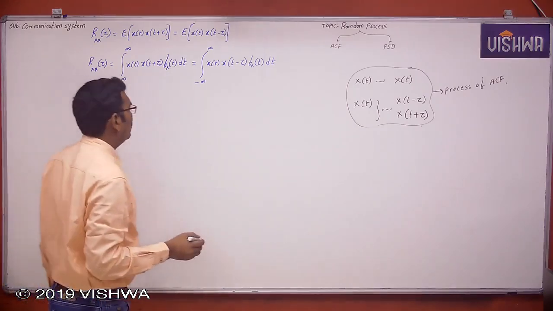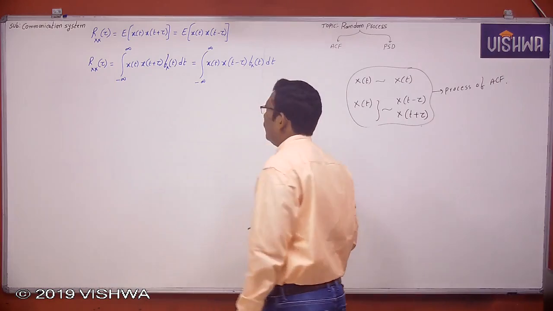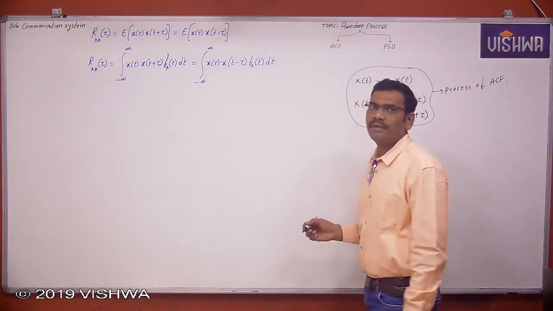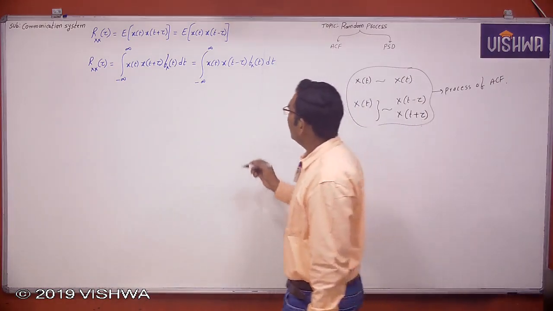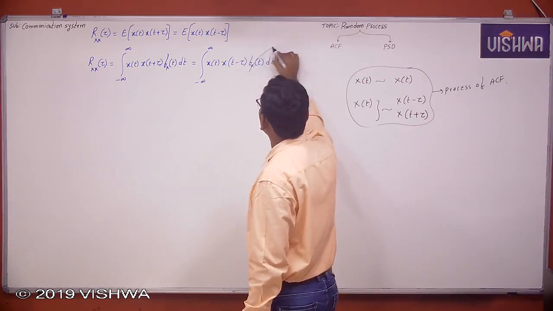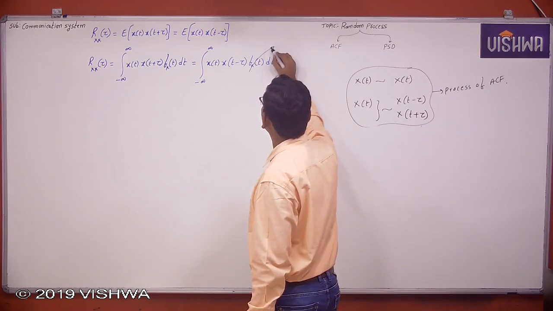Now for finding the properties of the autocorrelation function, let us assume the probability density function fx of x is equal to 1.